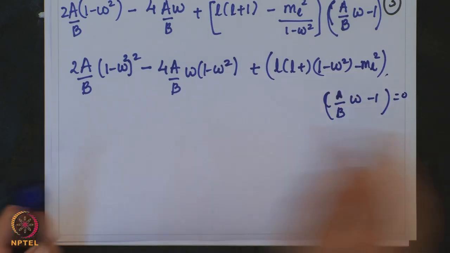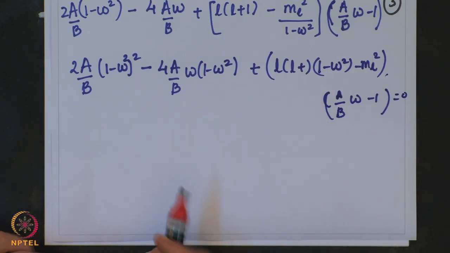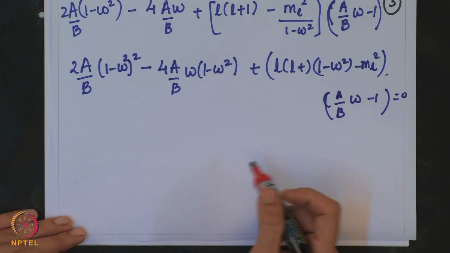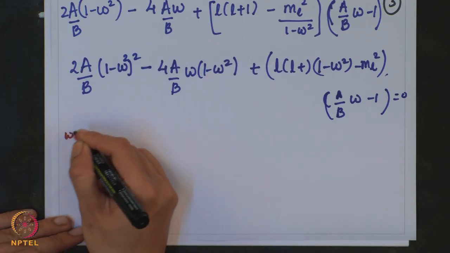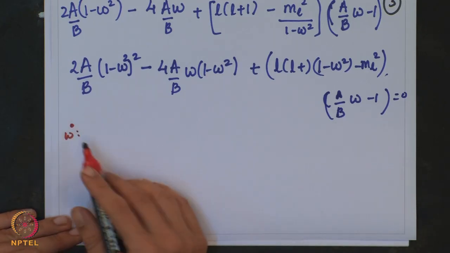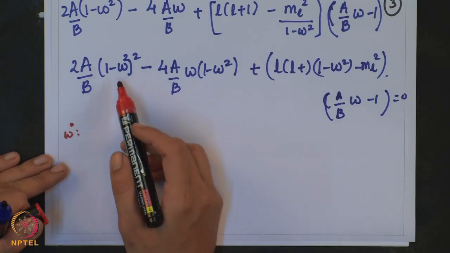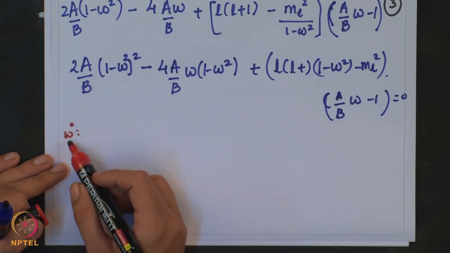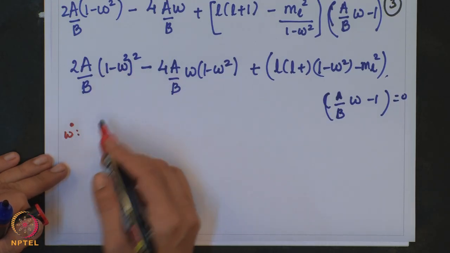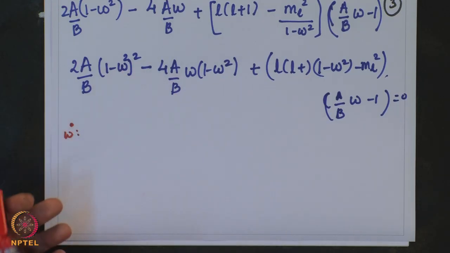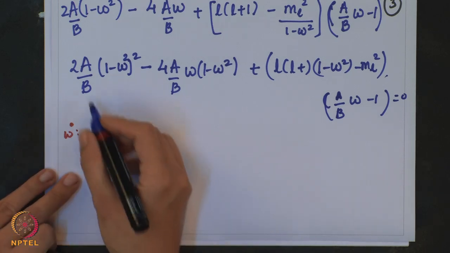What we will do is compare the coefficients of omega and write the coefficients of omega individually. So each coefficient will individually go to 0. The coefficient of omega raised to 0 will be the first term.